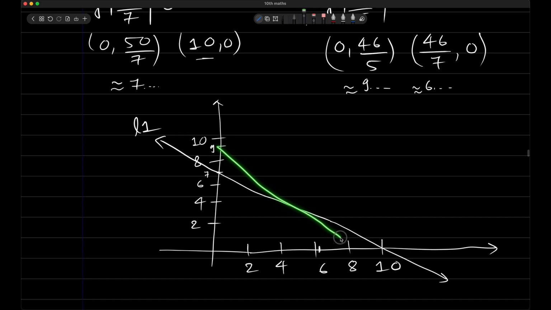So the line passes through 6 and 9. This is line number 2.